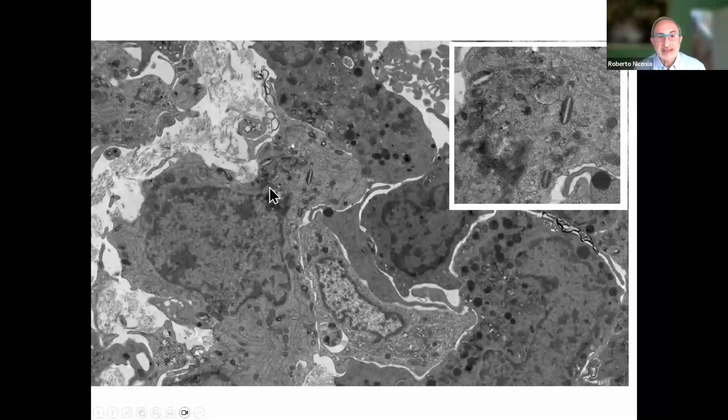And the adjacent cell here has granules with crystalloid structures in them, and this may represent an eosinophil. We didn't see any immature myeloid cells like myeloblasts with Auer bodies. We only saw cells of this type in the infiltrate by electron microscopy.